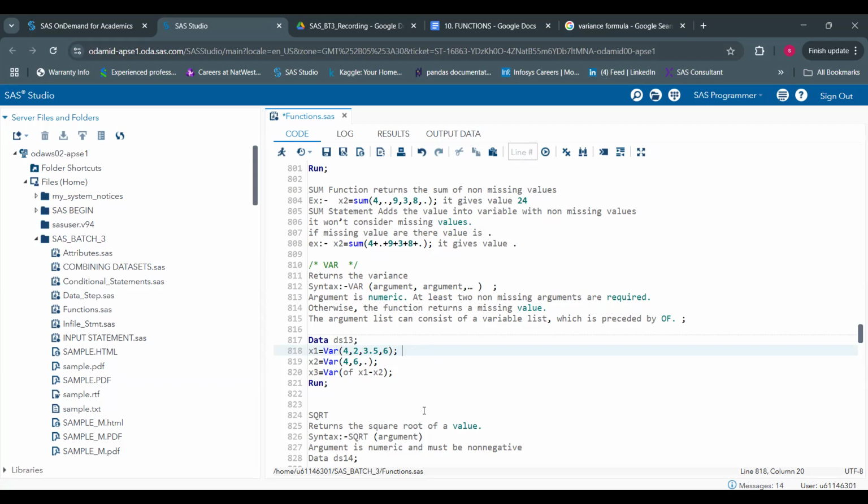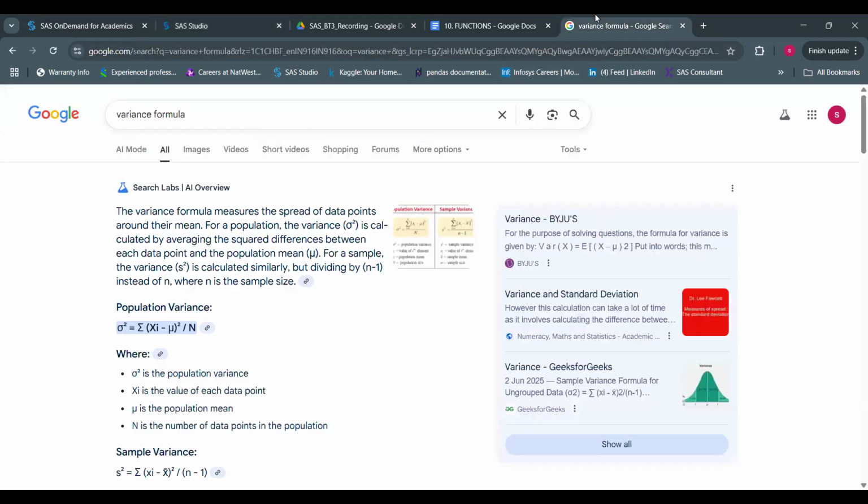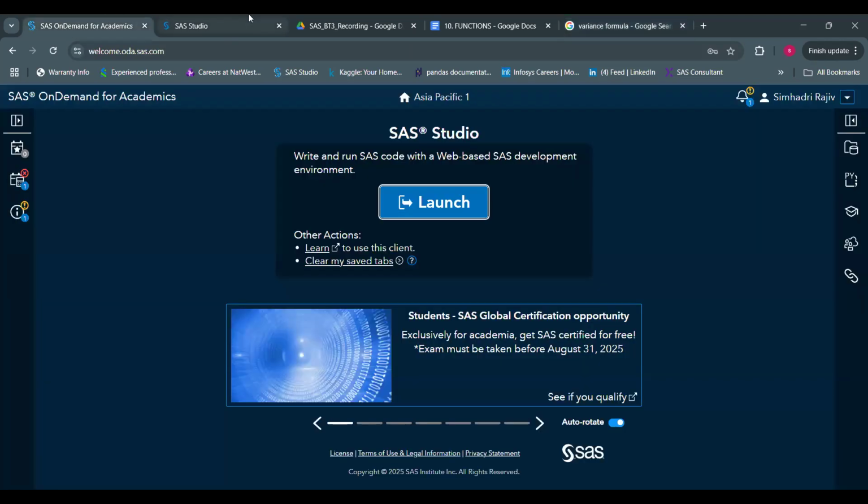What is the spread across this? That will give us the value 2.729.